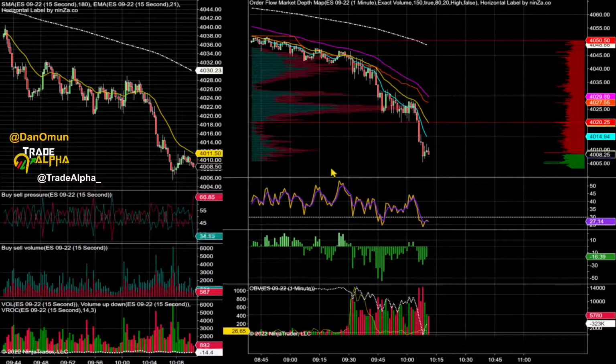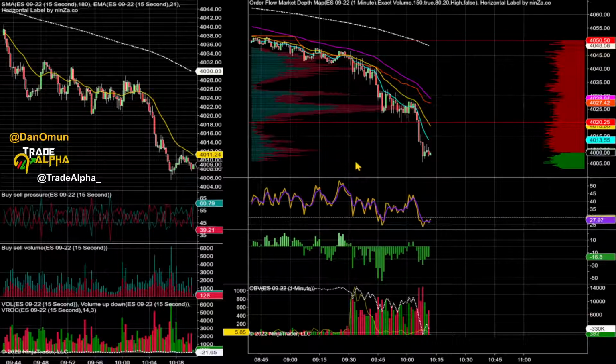And back at that point, I was not capable of scaling in or doing any other tactics to avoid taking losses. So I would just eat loss after loss after loss, and then I would revenge trade and get very frustrated and compound my losses as a result.